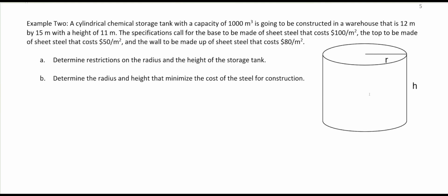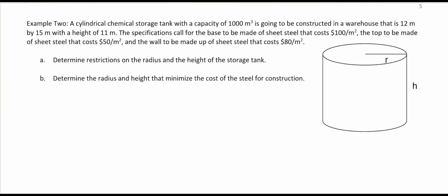So you can see here that we're dealing simultaneously with a volume problem, because we know that the volume has to equal 1,000 meters cubed. We also know that the dimensions have to fit in this warehouse, so that's something you need to be actively thinking about. I know my volume has to be 1,000 meters cubed.